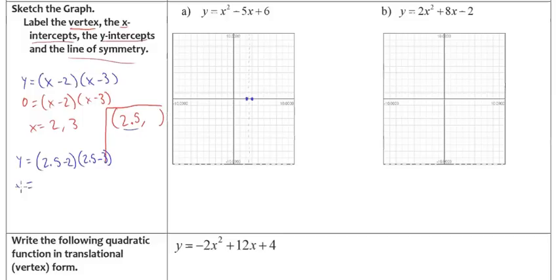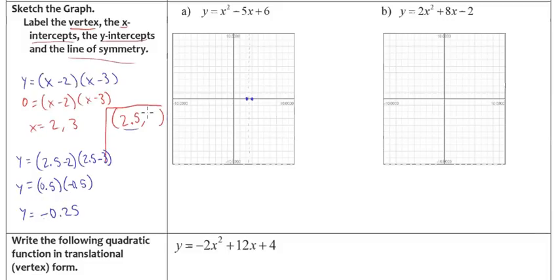That's y equals 0.5 times negative 0.5. And that will give us that y is equal to negative 0.25.